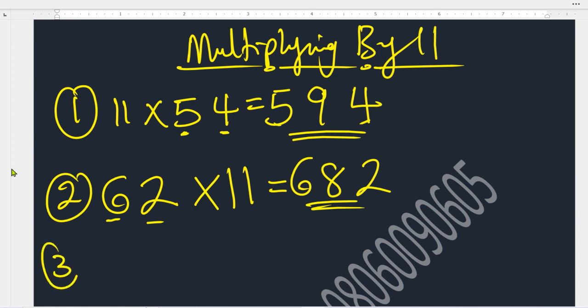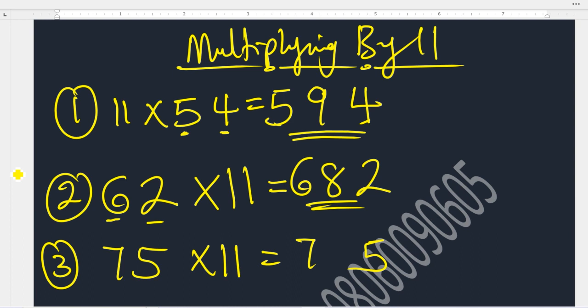Now let's look at when you have to carry over. When you have to carry over, what will you do? Now pay attention. 75 times 11. Write down 7, write down 5. Add 7 and 5 together. 7 plus 5 will give us 12.